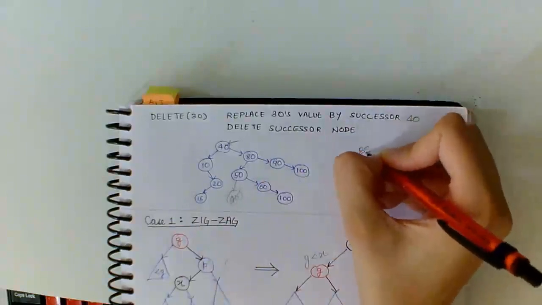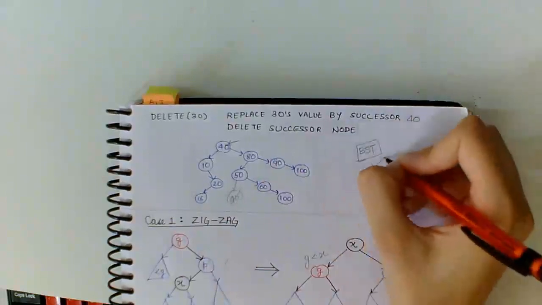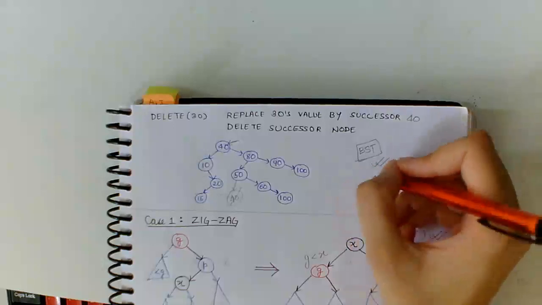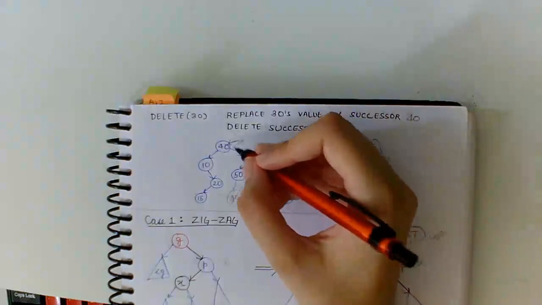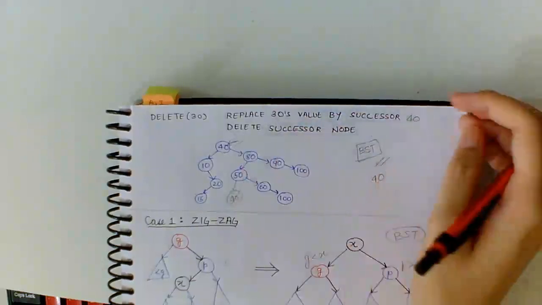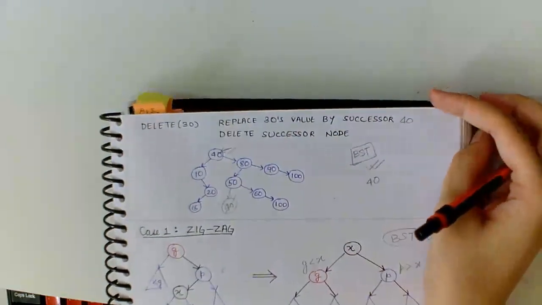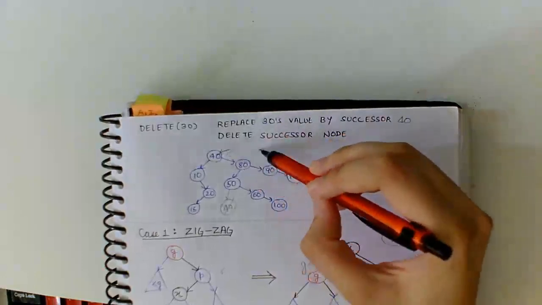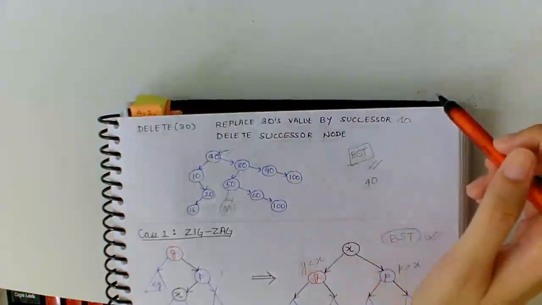We all know how to search for the successor in the BST, and the same thing is done here for getting to the value of 40, which is then replaced by 30 at the root, and the node 40 is deleted. This completes our question, and we have successfully added 80 and removed 30.